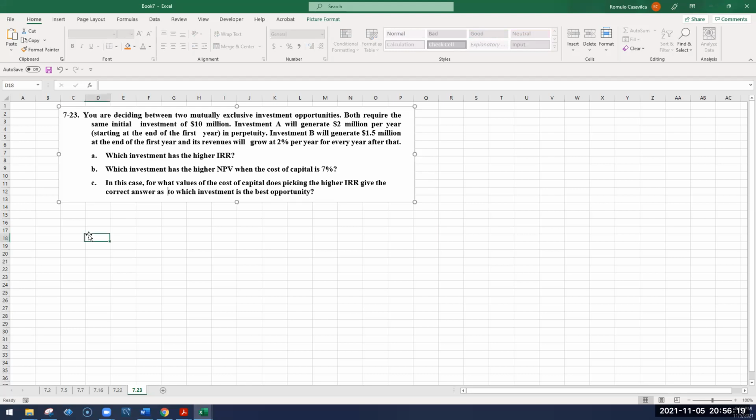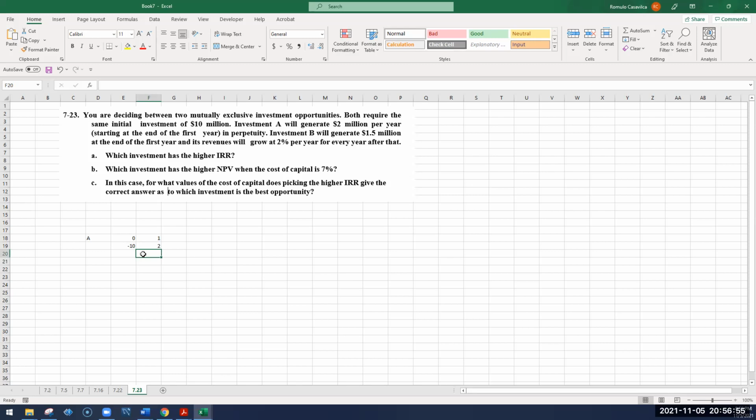This is the last one. We have two projects which are perpetual, and remember that we have two types of perpetual formulas. Investment A is minus 10 million in year zero, and then forever it generates 2 million.